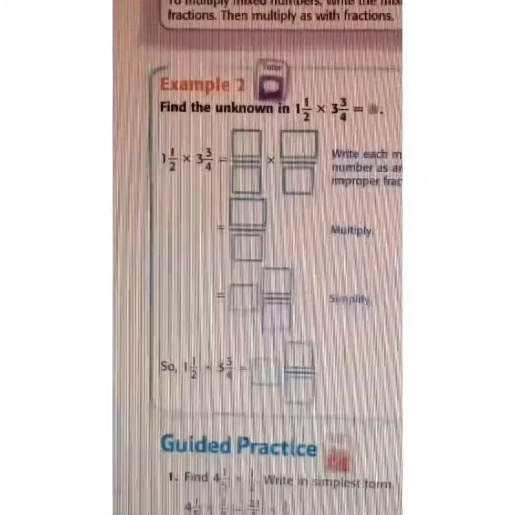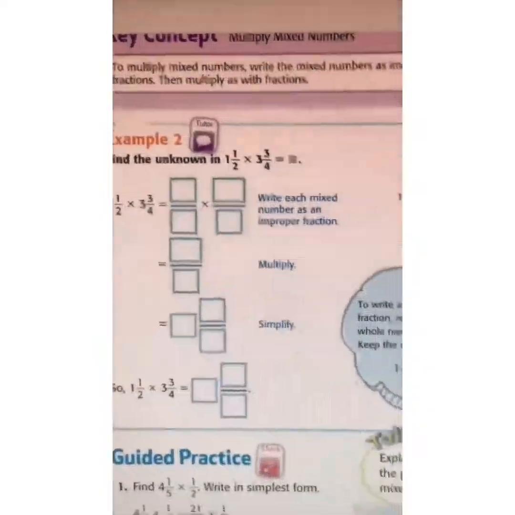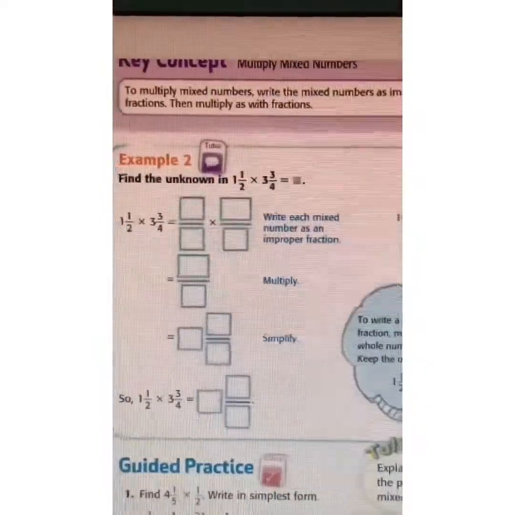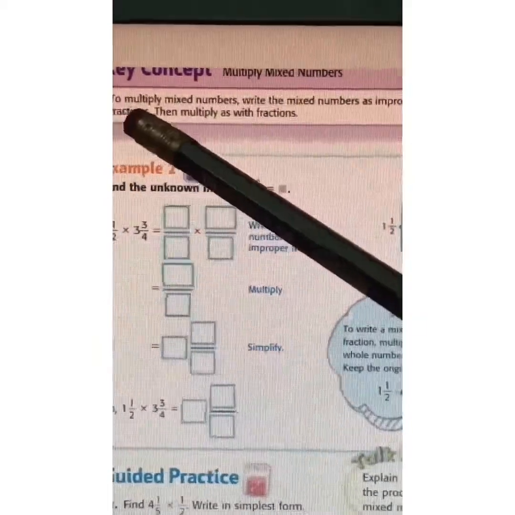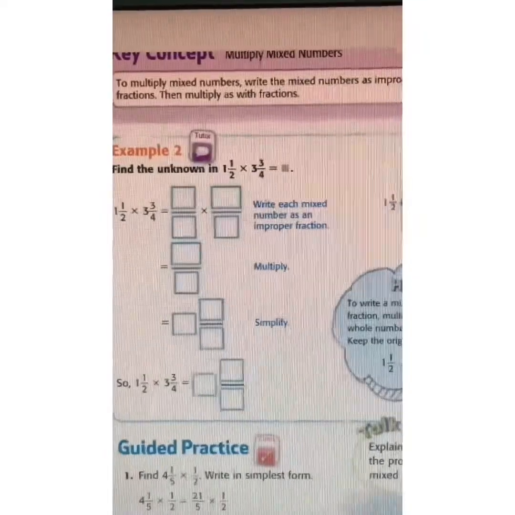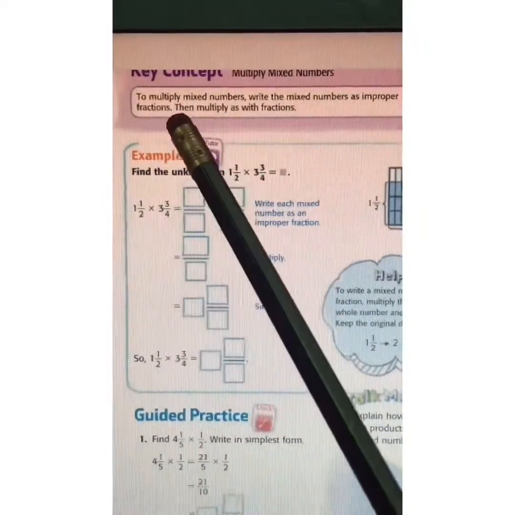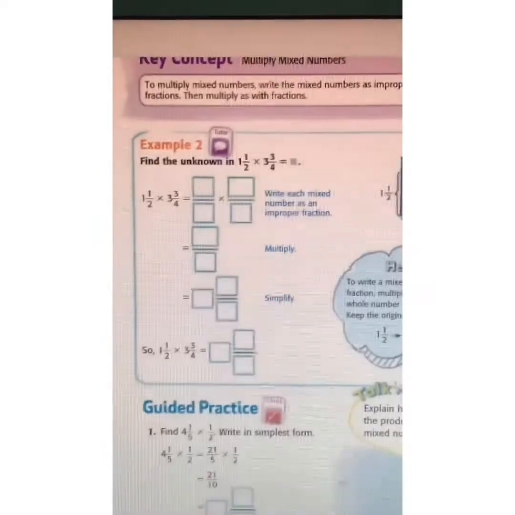Okay, let's go to the next example. Look at 1 1/2 times 3 3/4. But let's first read the key concept. To multiply mixed numbers, write the mixed numbers as improper fractions. Just like what we did a while ago, we change them to improper fractions and then multiply as with fractions.